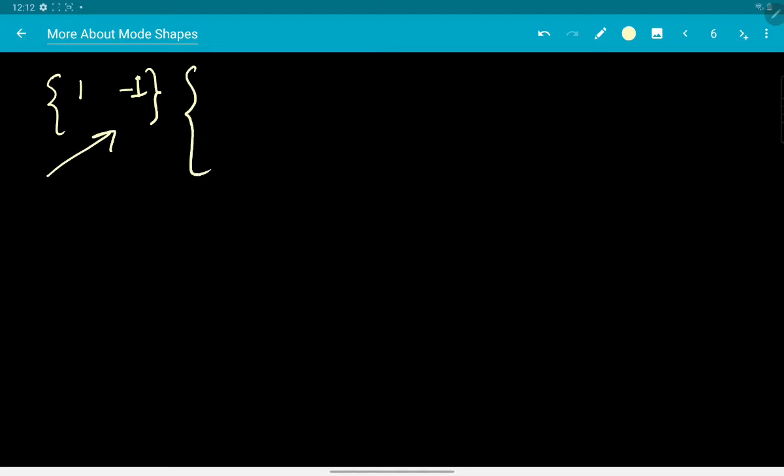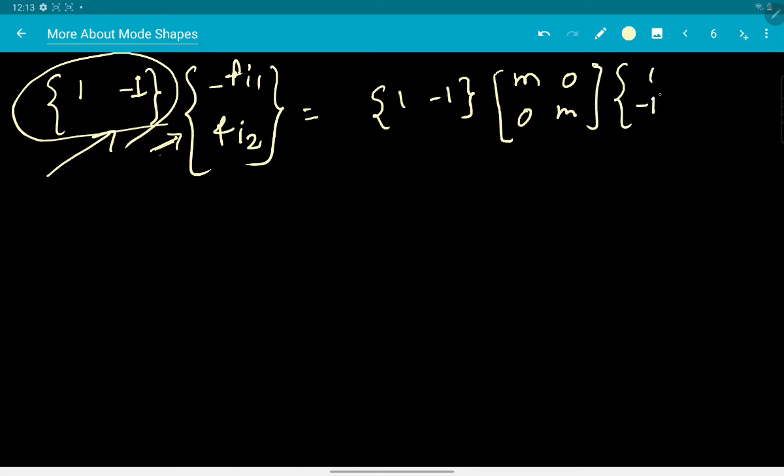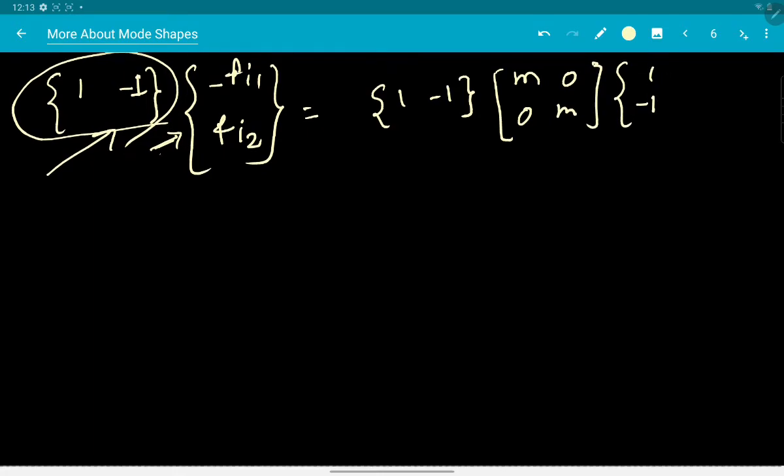So let me pre-multiply this to the inertial force. This is the inertial force vector, and this is the transpose of mode shape number 2. If I do so, I'll get 1, minus 1, then m, 0, 0, m, then 1, 1.